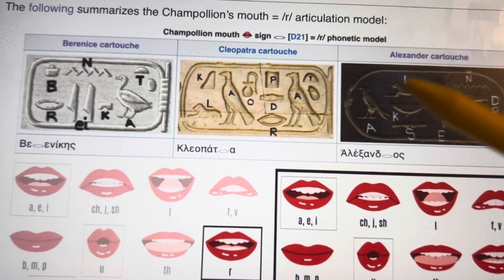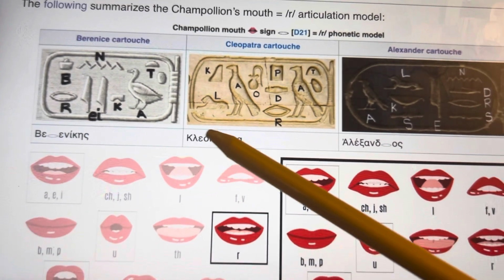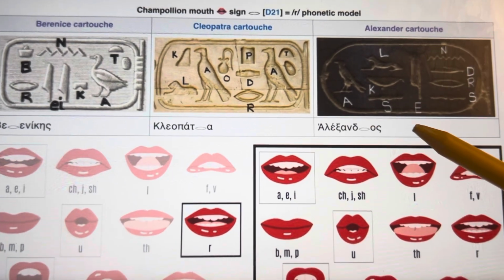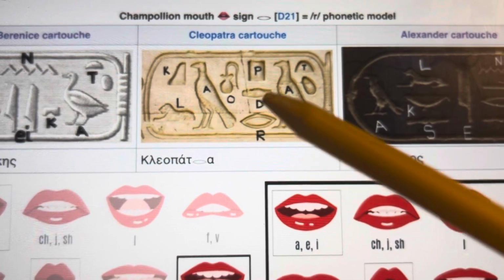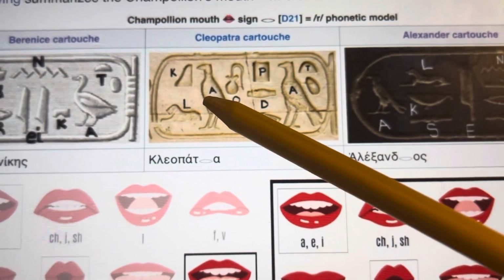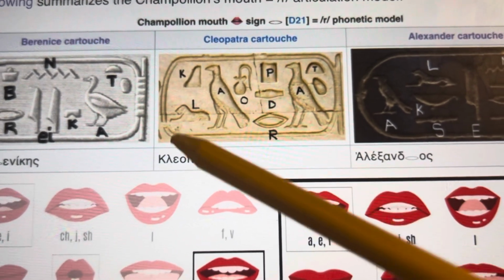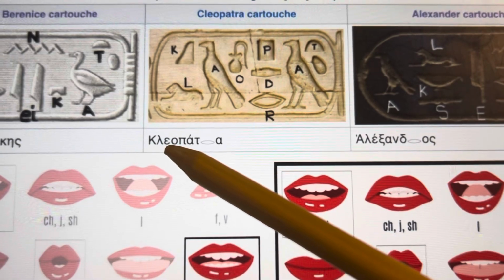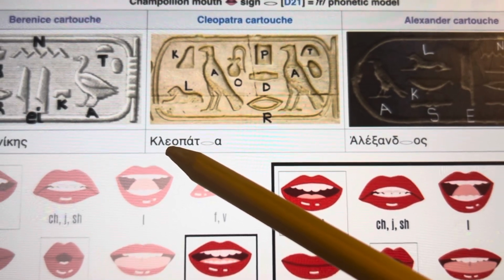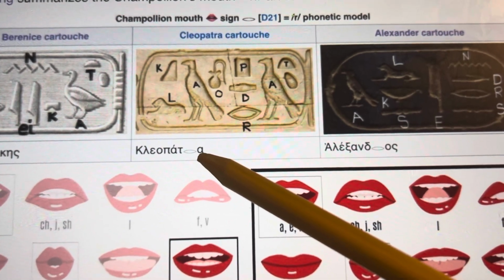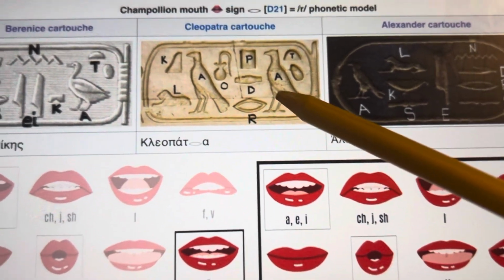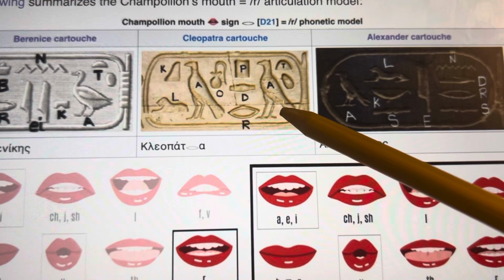On the surface it looks like good pattern matching, but if we look at the specifics of this, such as that the A should be the 3rd letter in Cleopatra, whereas technically the 3rd letter is E, and there's 2 A's in Cleopatra, but they're not aligned properly. This is an anomaly that can be explained.